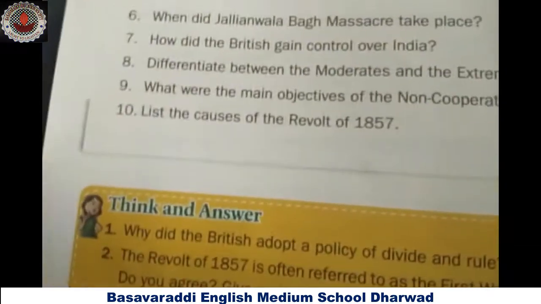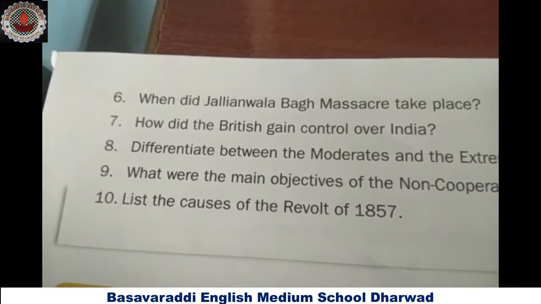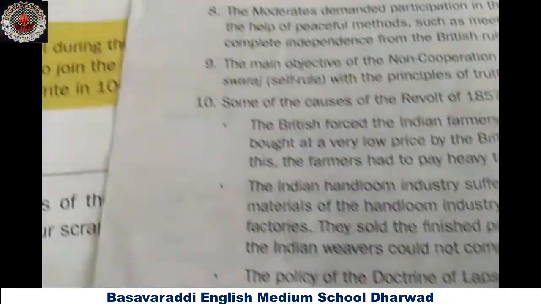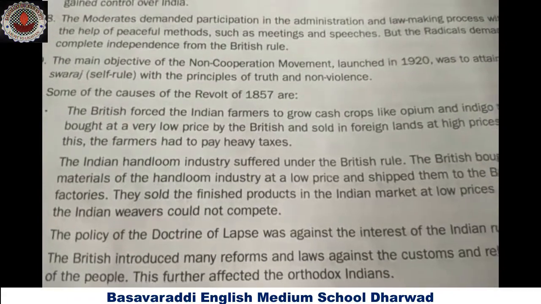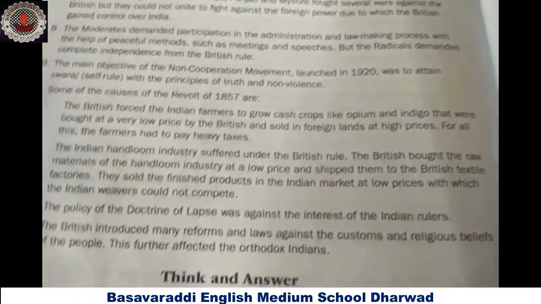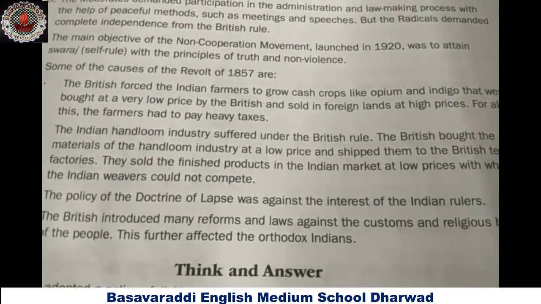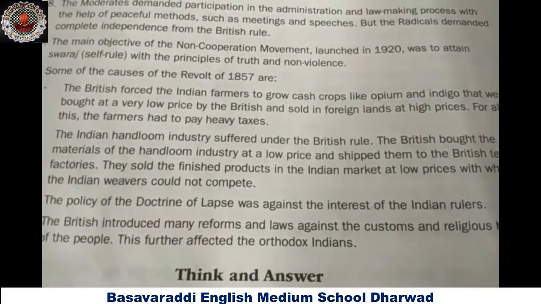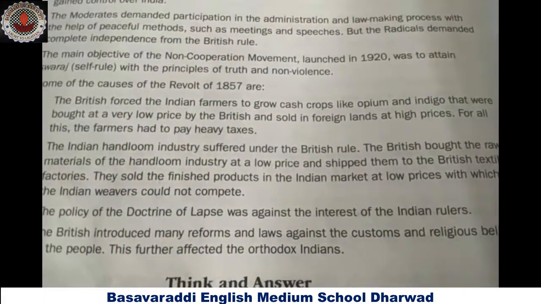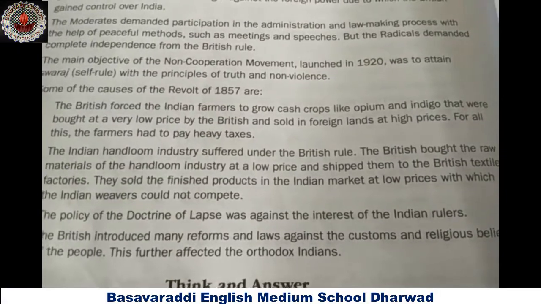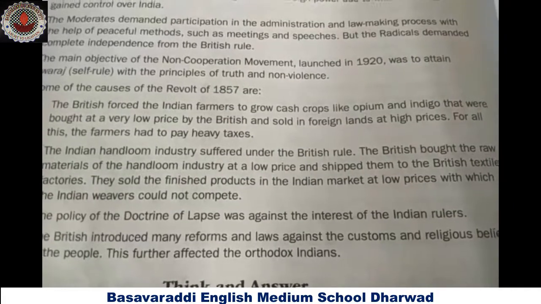10th question. List the causes of the revolt of 1857. The British forced the Indian farmers to grow cash crops like opium and indigo that were bought at a very low price by the British and sold in foreign lands at high prices.